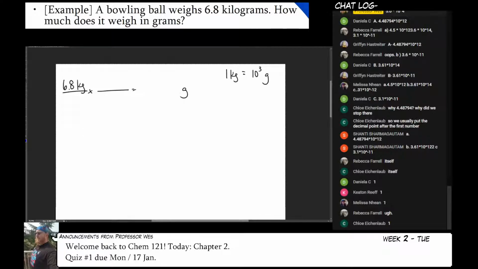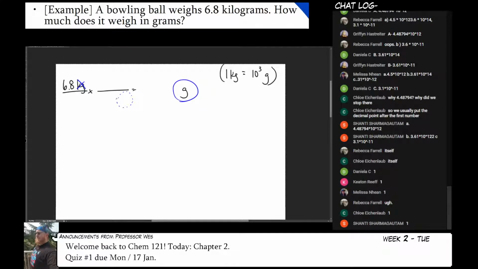How do I do that? Well, I want to use this relationship in some way so that I get rid of the thing that I don't want and I leave behind the thing that I do. This is called dimensional analysis. How do you get rid of units? Well, I got to put a matching unit down here so it cancels out, right? So in other words, what unit should go down there?